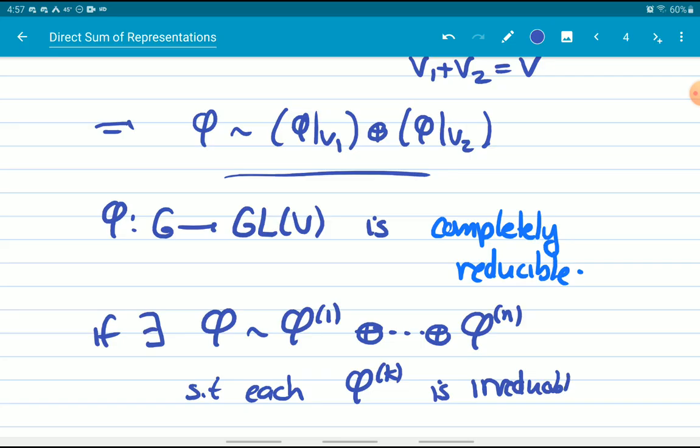That is, each of the representations phi k has no proper non-trivial subrepresentations. It's going to turn out that all finite dimensional representations of finite groups are completely reducible. So we will analyze our representations by showing they're equivalent to a direct sum of irreducibles, and then we'll try to classify the irreducibles. That's going to be the plan.